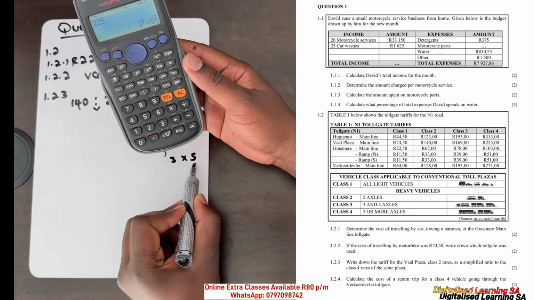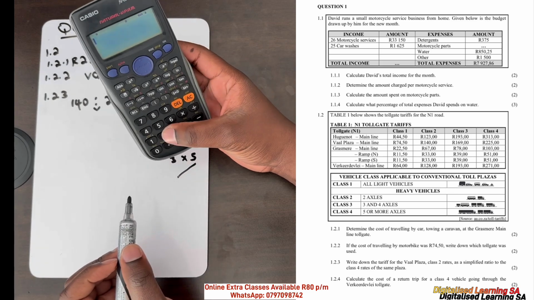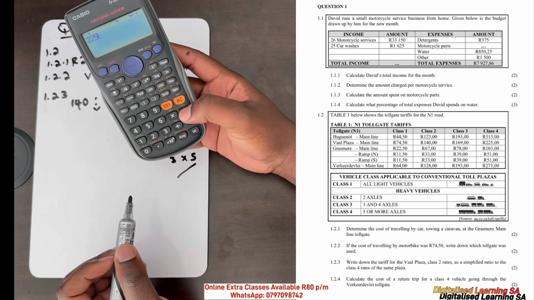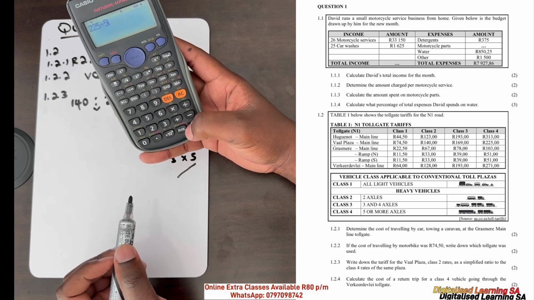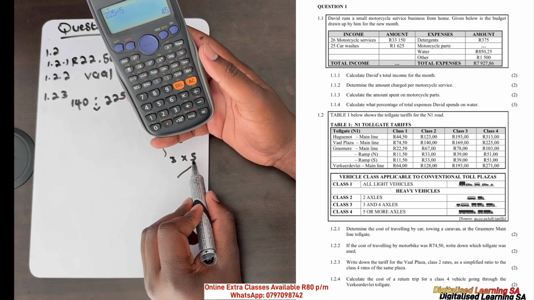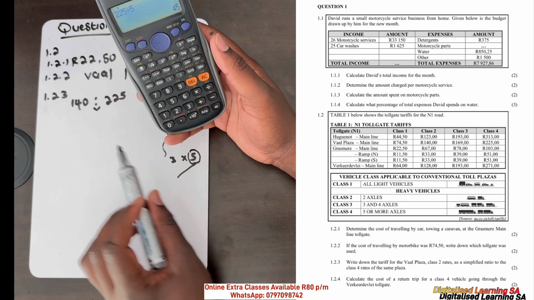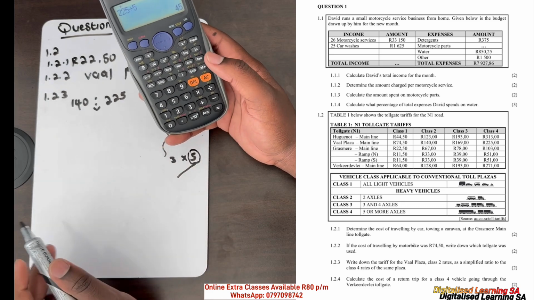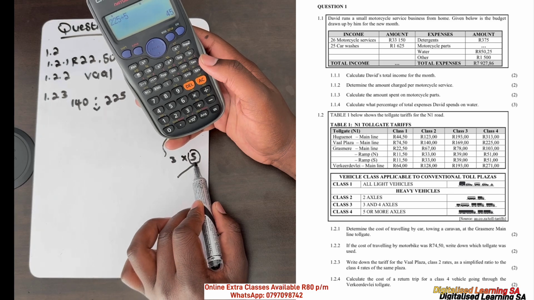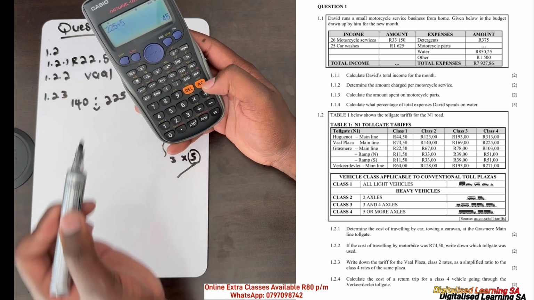So if we take the 5, if we come and say 225 divided by 5, we can see that 5 is also a factor of 225.